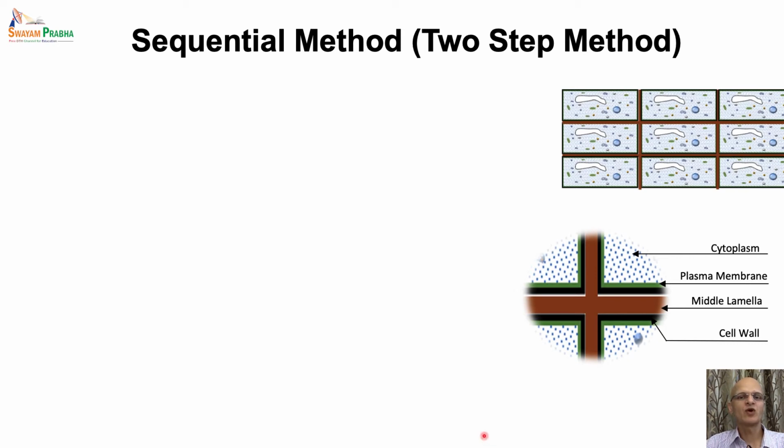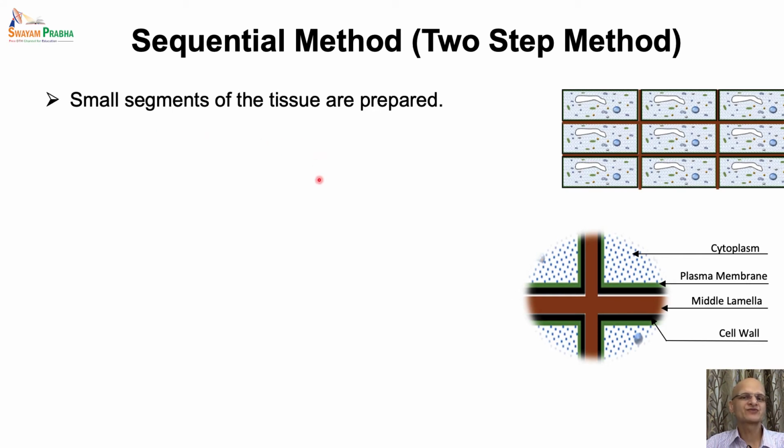First, the small segments of the target tissue are prepared. Now, in order to release the protoplast from the plant cells, we need to remove the plant cell walls as well as the middle lamella. Middle lamella is the deposition of calcium and magnesium pectates, and if we dissolve the middle lamella, the individual cells will be released, or the cell walls will be more accessible for the cellulase enzymes to chew.